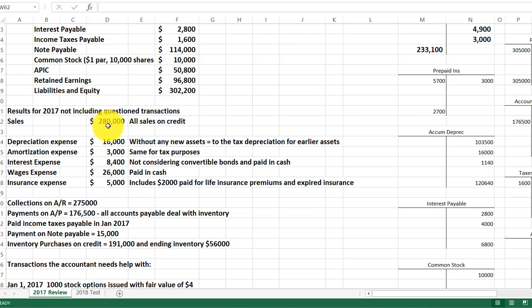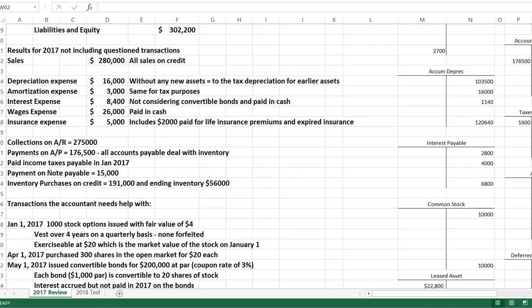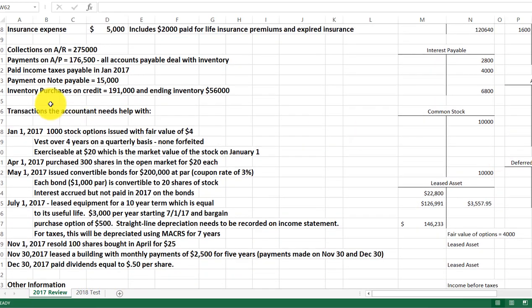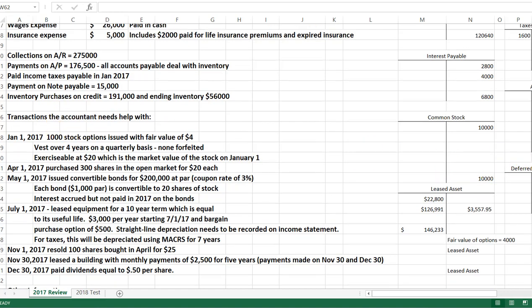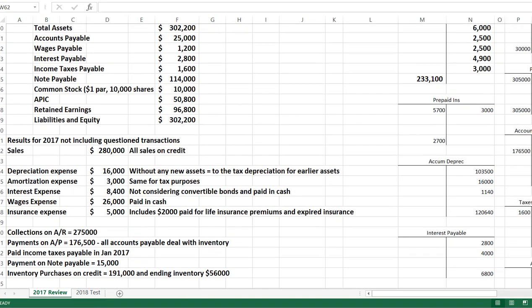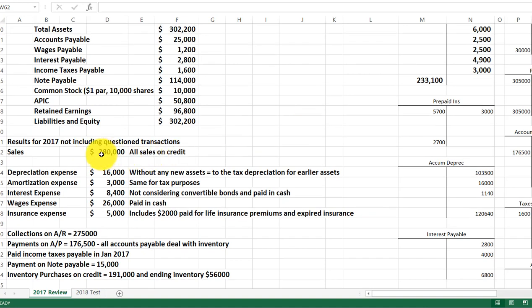We have the regular transactions, really a review from Accounting 101, and then we have the ones that are more unique to what we've learned in intermediate here. So going through these, sales are 280,000. We're going to debit accounts receivable and credit sales.